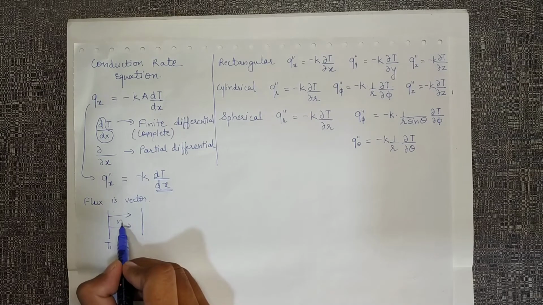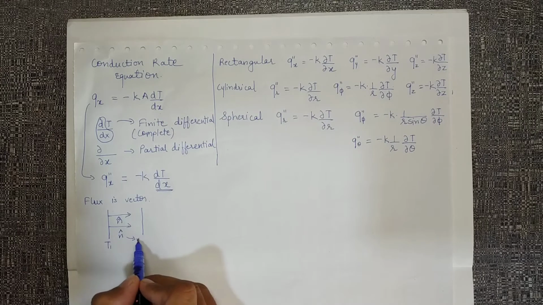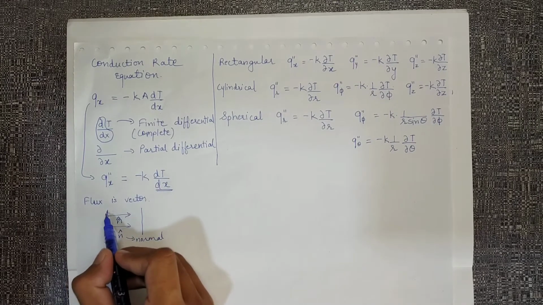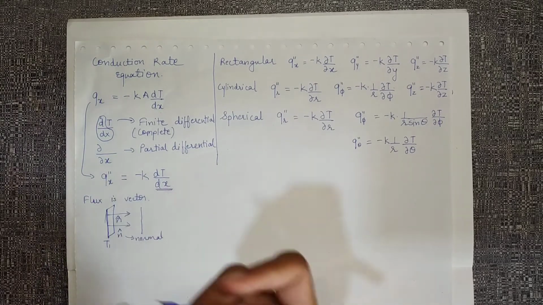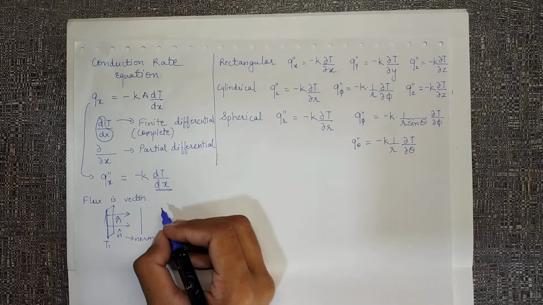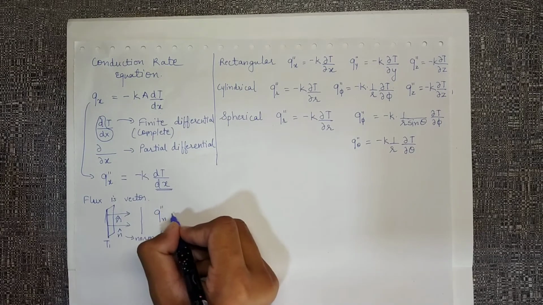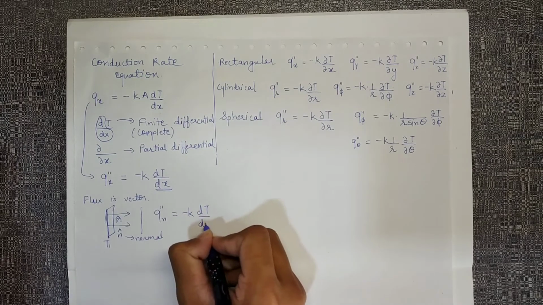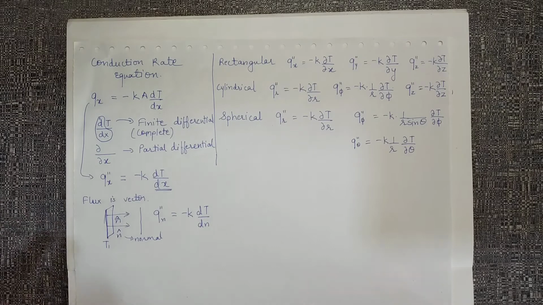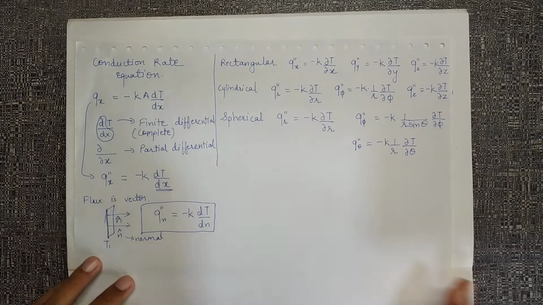That is in the n cap direction, the normal direction to the area. So I can always write it in a generalized form as minus K dT by dn, in the n direction. This can be used for x, y, z, etc.